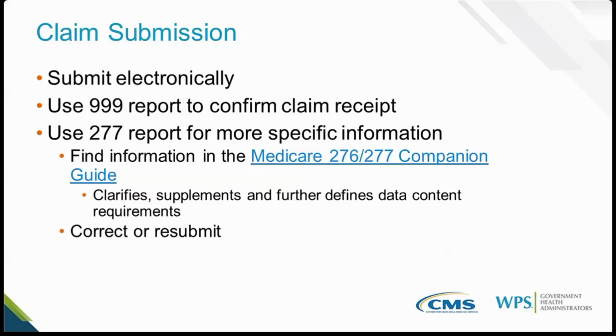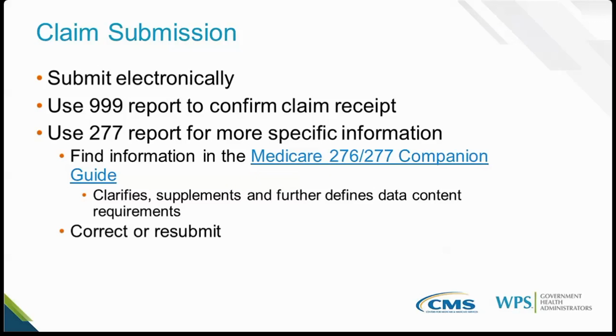Most providers, as I mentioned, submit claims electronically, but very few qualify under a waiver under a law that prohibits payment of a service or supplies that a provider did not bill to Medicare electronically. So to confirm claim receipt, providers should use the 999 report. They would use the 277 report for more specific information.